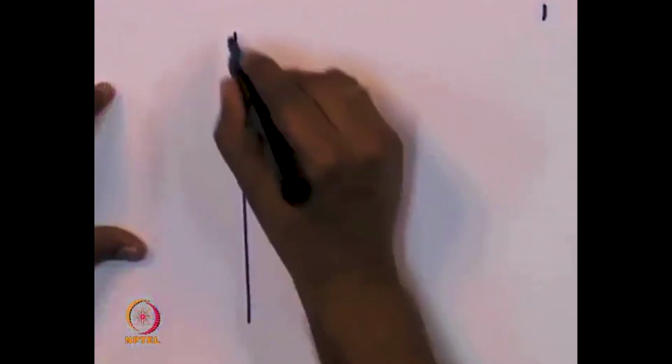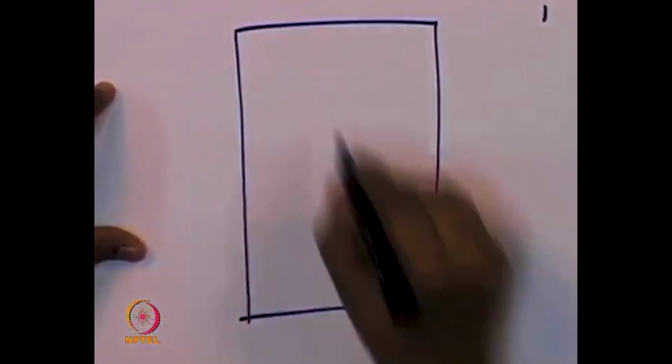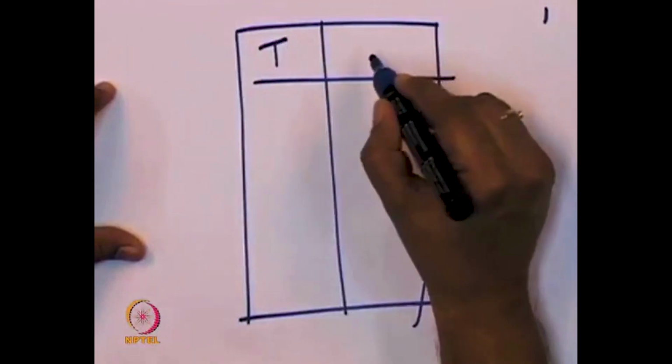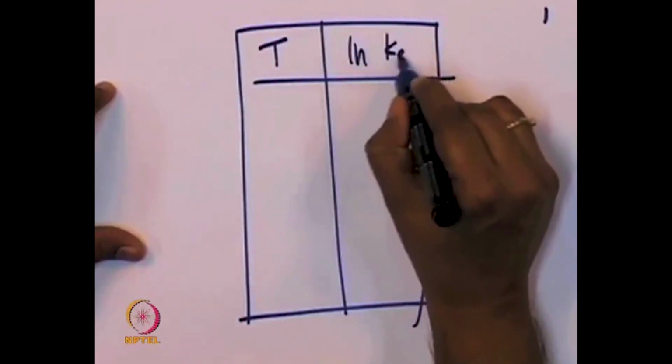So, let us think of a table. If you do this experiment, you can draw a table: temperature versus ln K equilibrium.